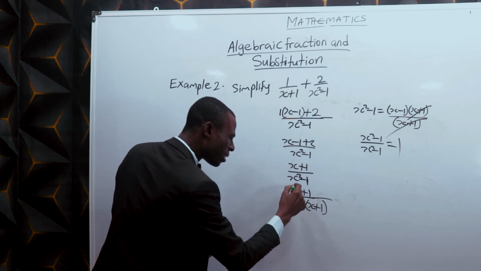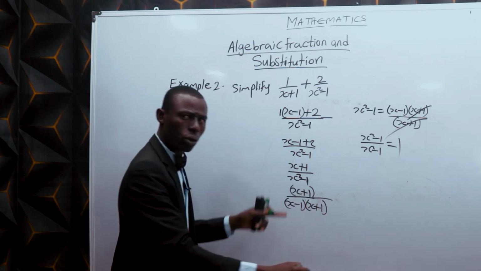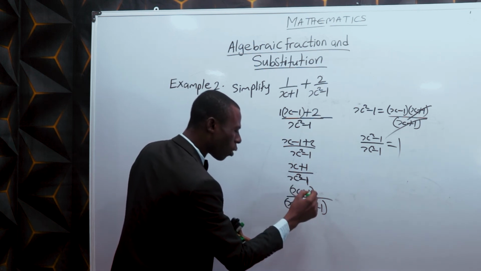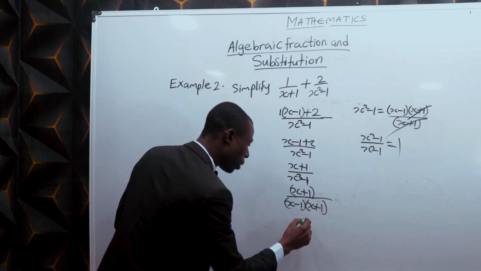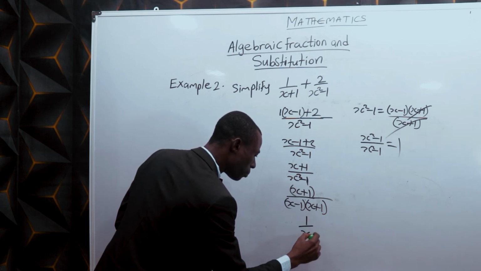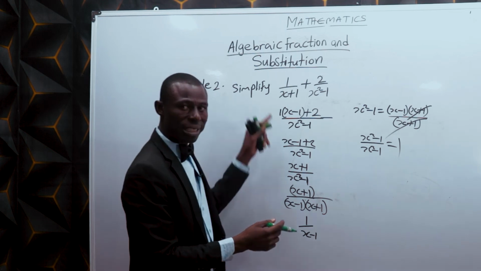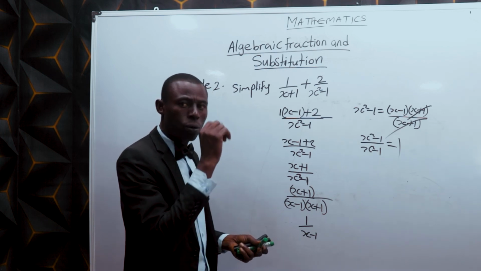The x plus 1 at the numerator and a part of the denominator will cancel out each other, and at the numerator we have only 1 left. So we have 1 over x minus 1. That is our final answer. We have simplified this. We have reduced it to a single fraction.